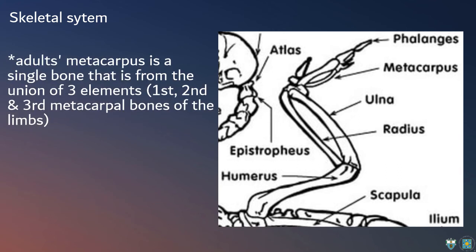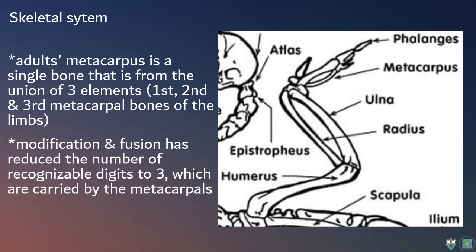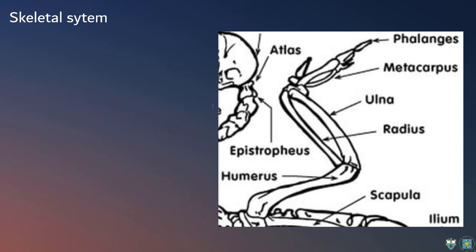In the adult, the metacarpus is in the form of a single bone that is produced by the union of the three elements that correspond to the first, second, and third metacarpal bones of the limb. Modification and fusion has reduced the number of recognizable digits to 3, which are carried by the metacarpals.